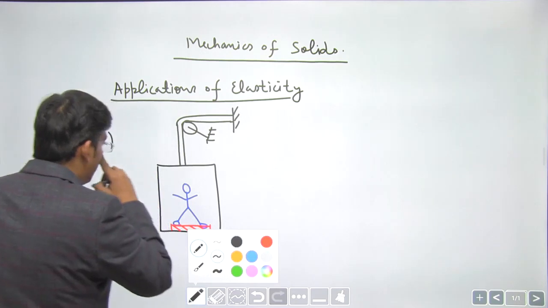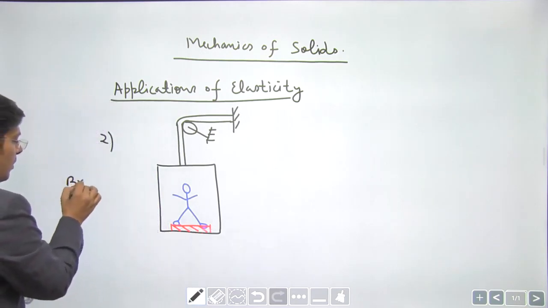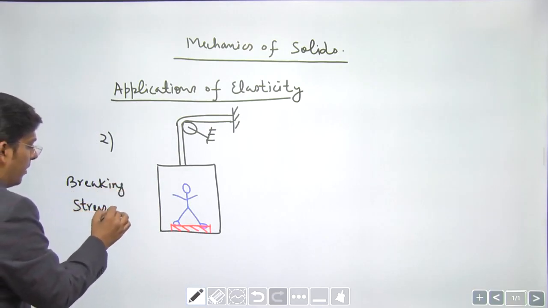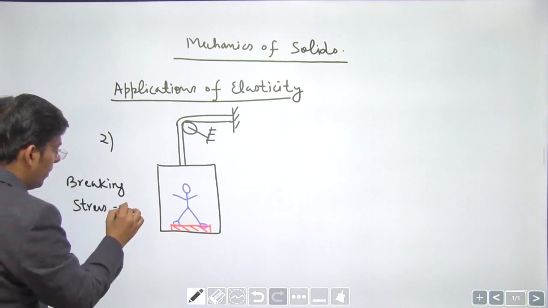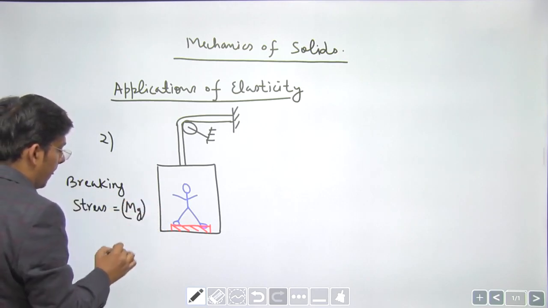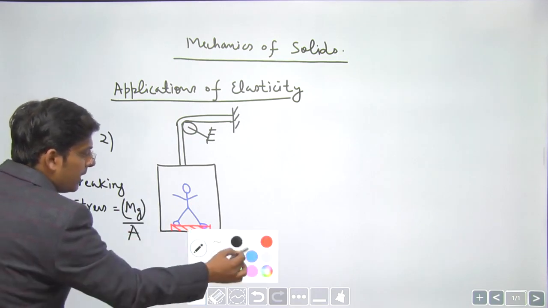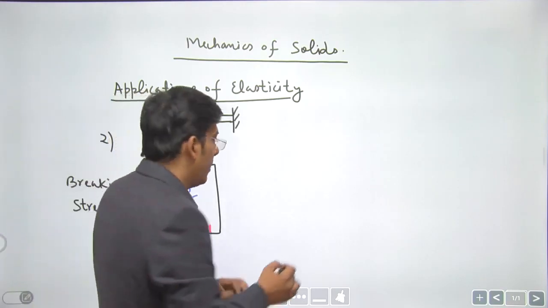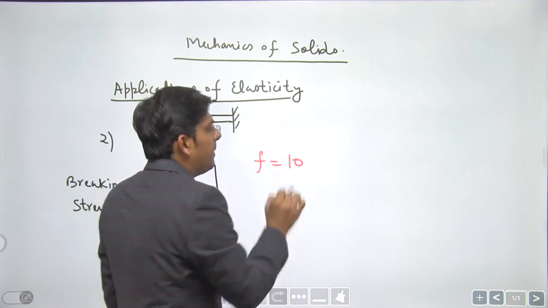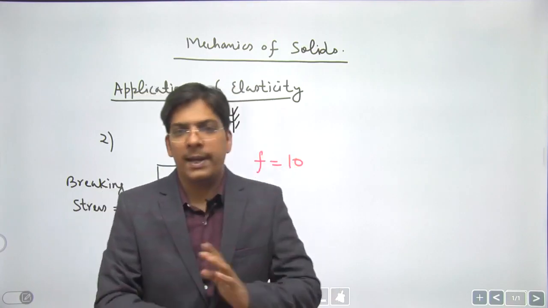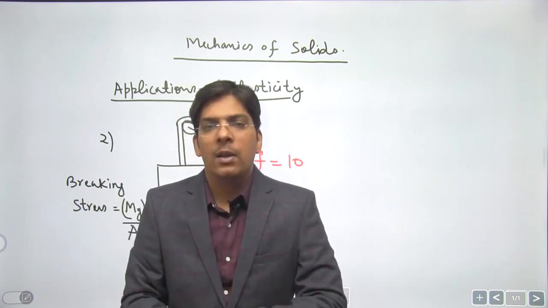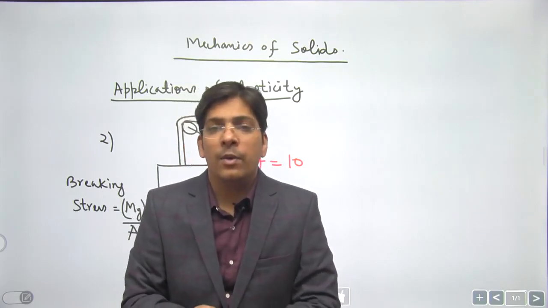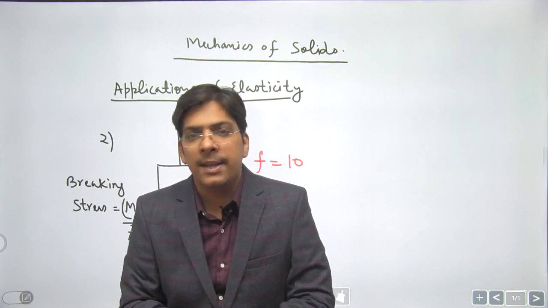So once we know the breaking stress, the breaking stress is actually given by the total weight inside the lift upon area, multiplied by small f. That small f is the factor of safety, which is usually 10, right? That means when you go inside a lift and find a board there saying up to 700 kg only, that doesn't mean the rope is going to break if the mass exceeds 700 kg inside the lift.